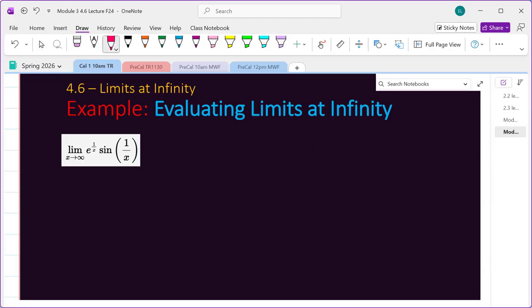So when I look at e to the 1 over x, the limit as x goes to infinity, that's the same as e to the limit as x goes to infinity of 1 over x. I can move the limit inside the power, and then the same with my sine function.